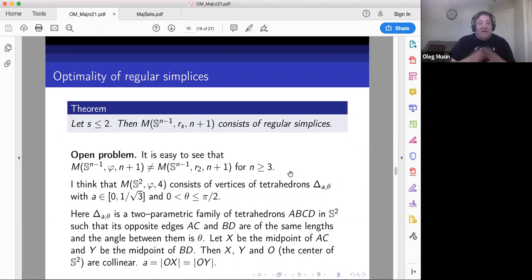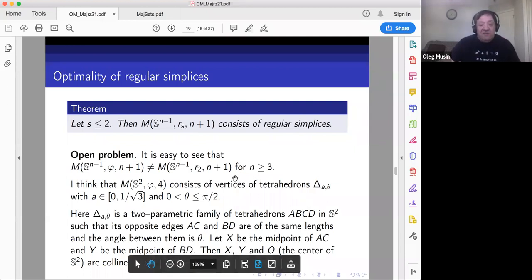I have a conjecture about what it looks like: all M sets with respect to rho, where rho is the angular distance, will form a 2-parametric family.